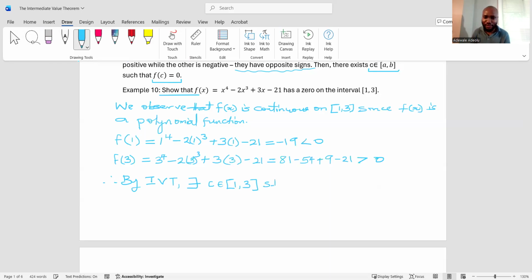Such that, yes, you can write "such that" like this in maths. Don't worry, it is accepted. So such that, when we evaluate our f at that point c, it is going to be 0. So that is the end of our proof. We are done.